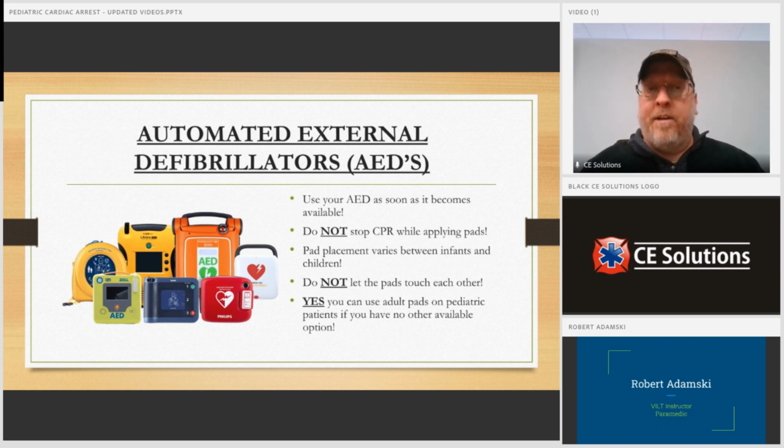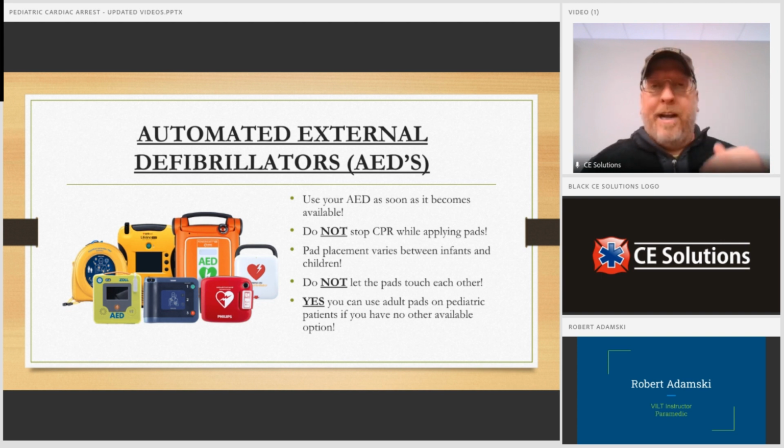Automatic external defibrillators are the type of defibrillator that you, as an EMT, will use at the BLS level. It is a medical device that administers an electrical countershock to a heart that is in cardiac arrest, that is not beating properly. It has a lethal heart rhythm that is not providing a pulse and is not providing effective perfusion to the patient's vital organs, their heart, brain, kidneys, etc., because they're in cardiac arrest.